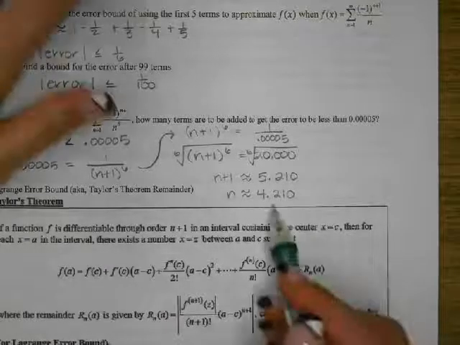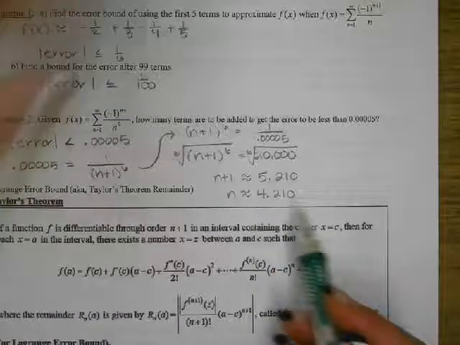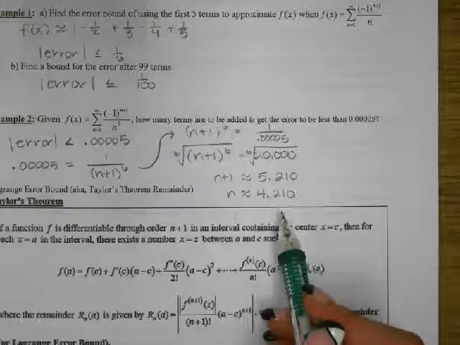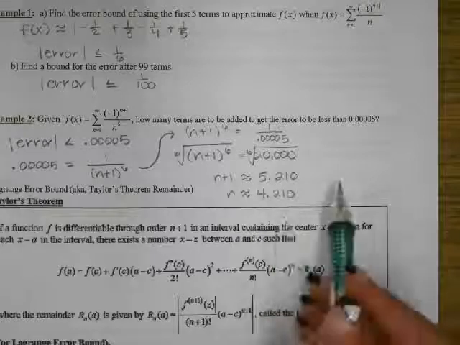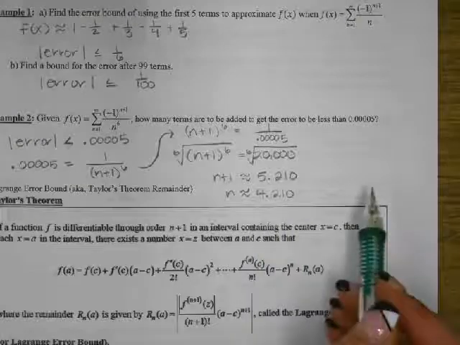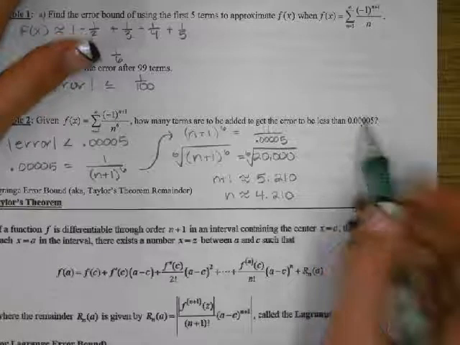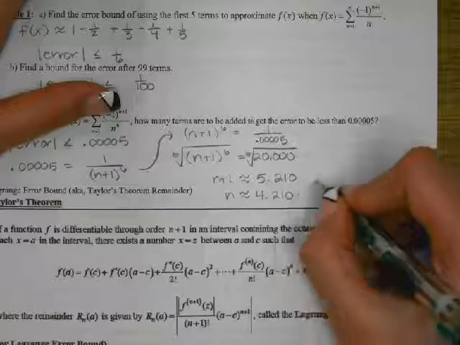And here we obviously can't have the 4.2th term. That's not possible. So if you round down and you look at the fourth term, your answer is going to be less accurate. If you round up, your answer is going to be a little bit more accurate. And here we're not saying we want to be any less accurate than this. So that means we have to be a little bit more accurate than we're getting from this number here.